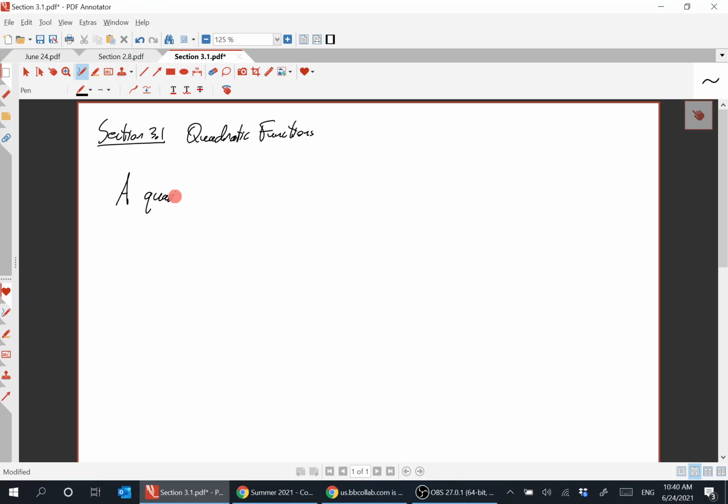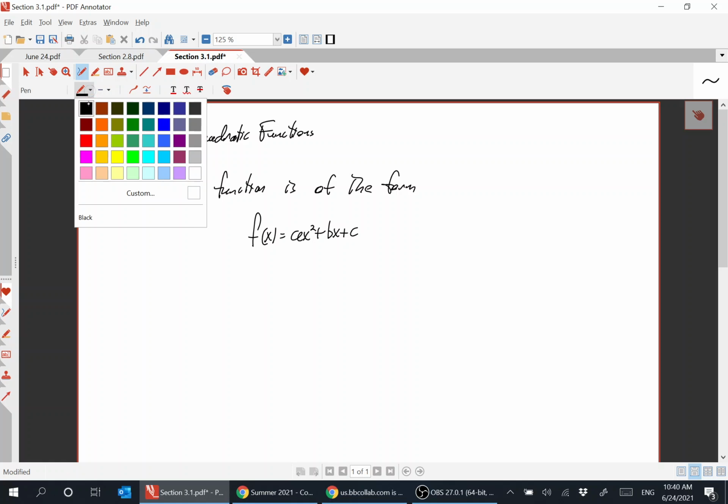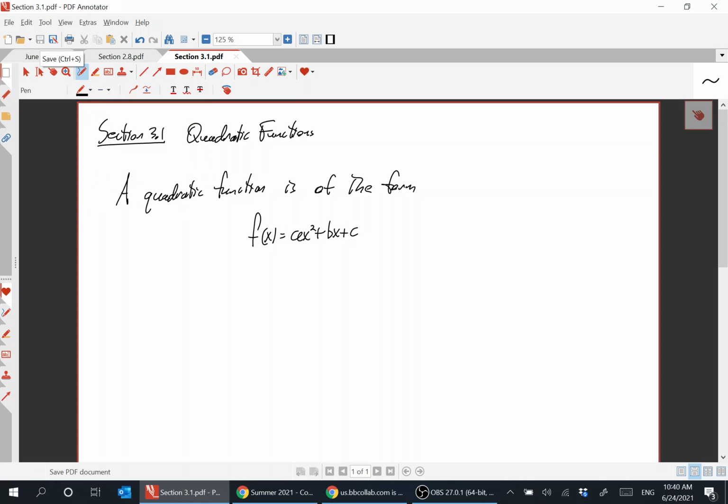A quadratic function is of the form f of x equal to ax squared plus bx plus c. So that is a polynomial of degree 2, a quadratic polynomial. I can't stand the word quadratic because quad is 4, and yet it's got degree 2. But it's tradition, so what are you going to do? Can't buck it.